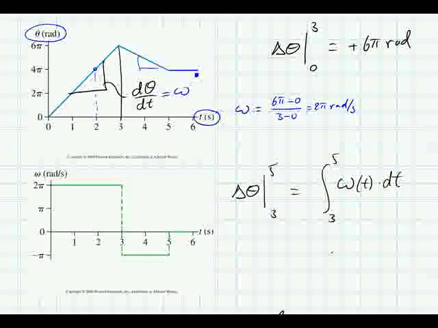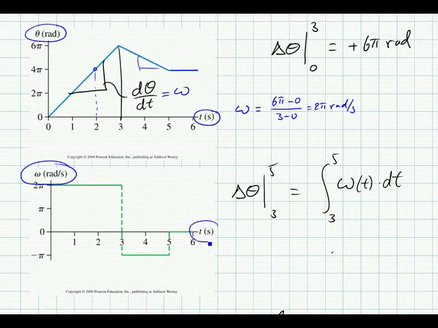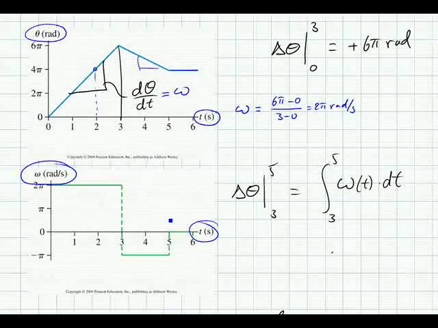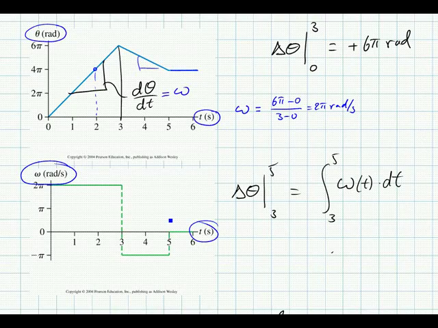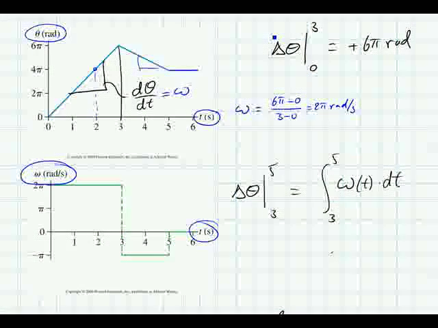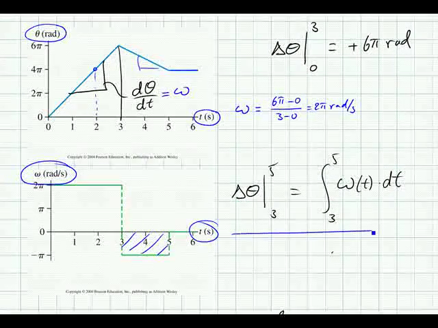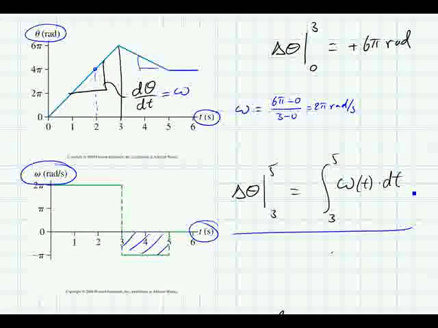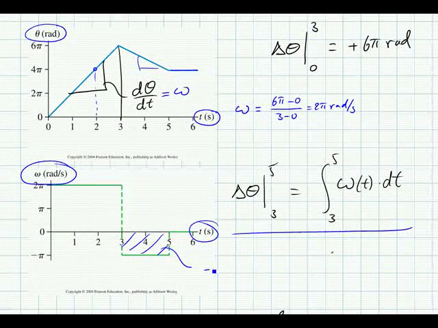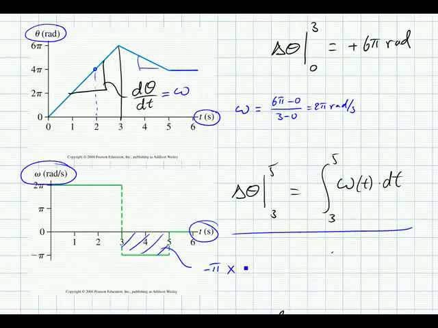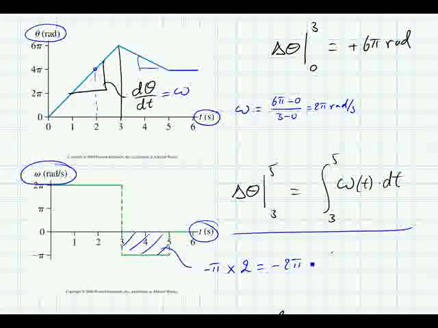Similarly, if you know your angular velocity versus time plot, and you're interested in figuring out the displacement of the object from 3 to 5 seconds, you look at the area under the curve from 3 to 5 seconds, which is this expression here, and the area under the curve there is minus pi times 2, which is negative 2 pi radians.